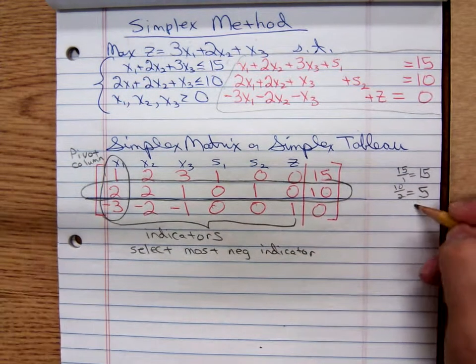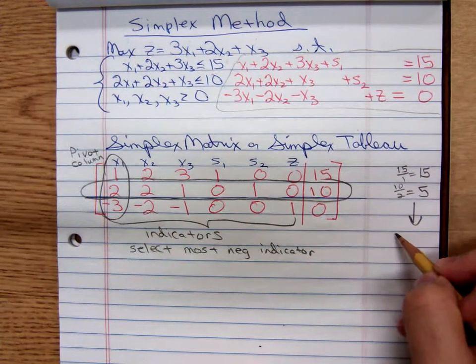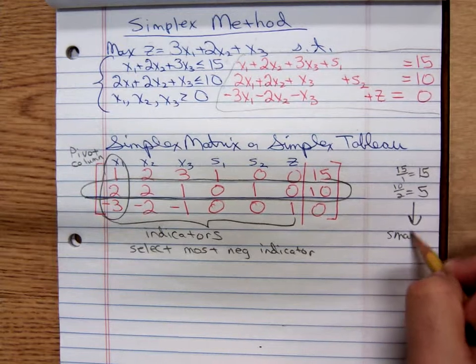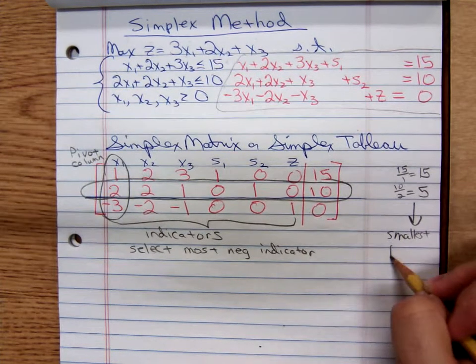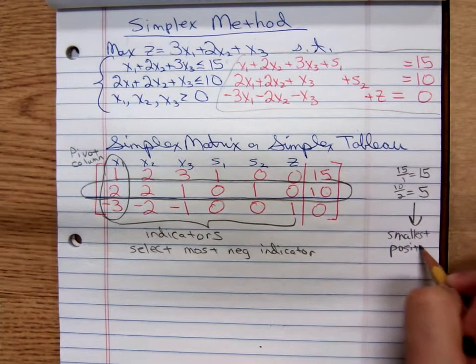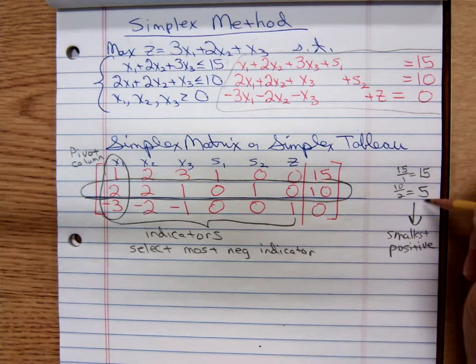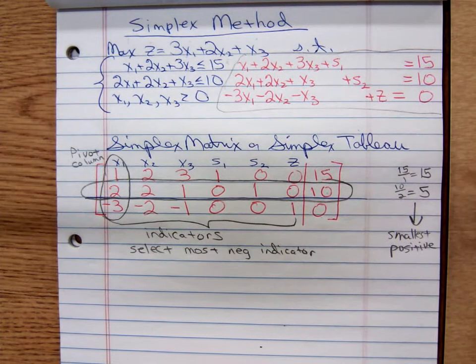For the quotient, you choose the smallest positive. Now, if neither of those quotients is positive, then there's no maximum. But for a standard maximum problem, there should be a maximum value.